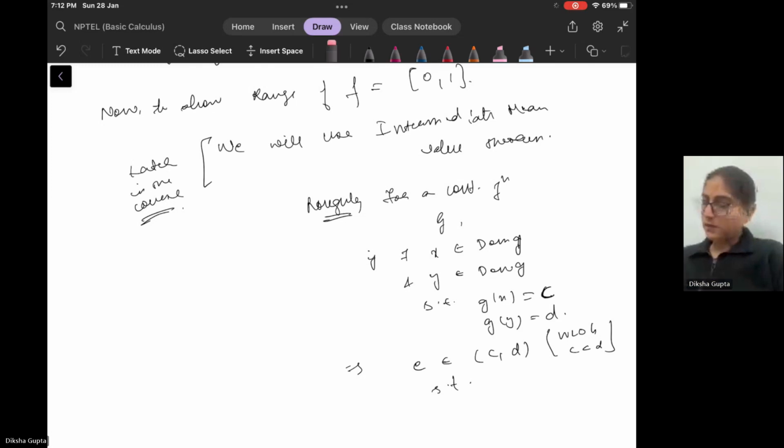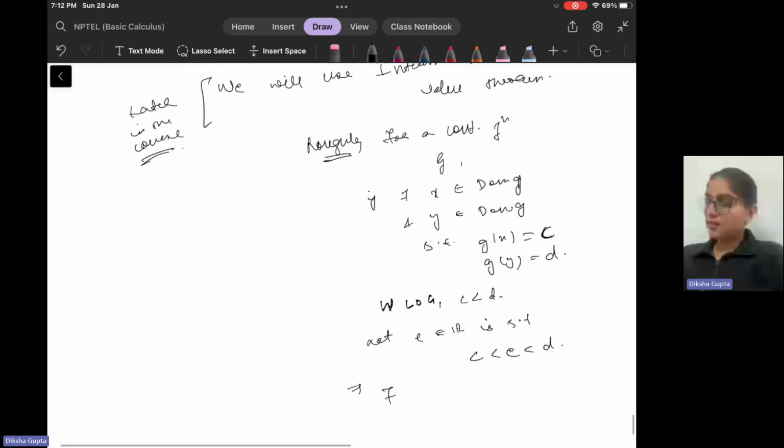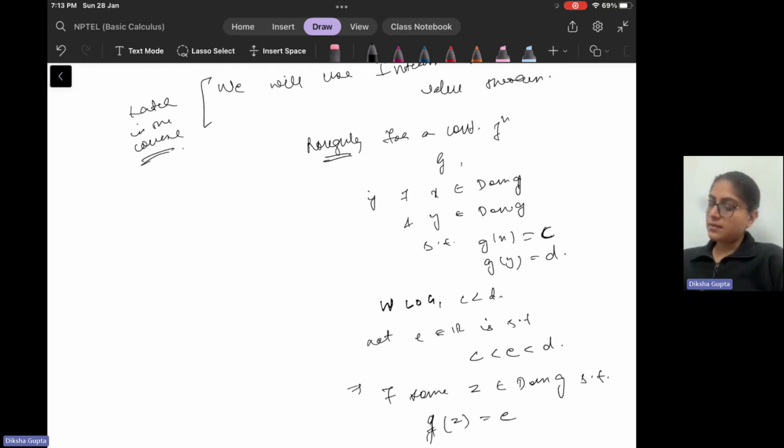Let e be a number in R such that e is between c and d, implies there exists, so the intermediate value theorem says that there exists some z belonging to the domain of g such that g of z is e.